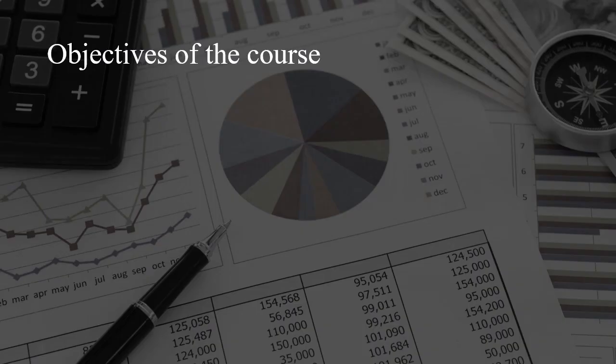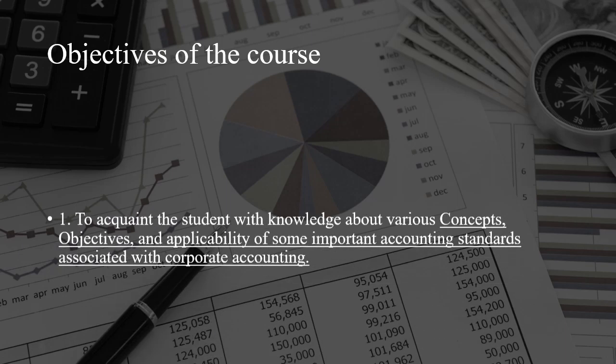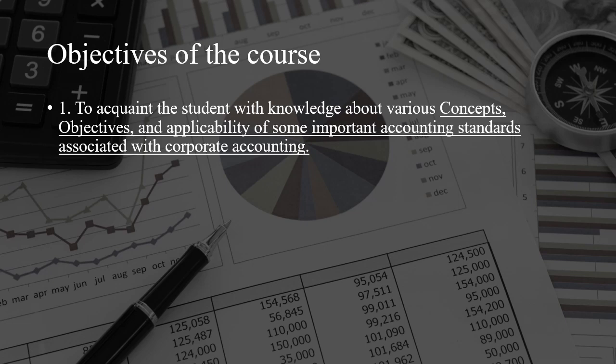So let's try to understand the objectives of the corporate accounting syllabus. These are the objectives of the course given by the University of Pune. The first objective: there are various concepts, objectives and applicability of some important accounting standards associated with corporate accounting. Accounting Standard 5 deals with net profit or loss for the period, prior period items and changes in accounting policies.